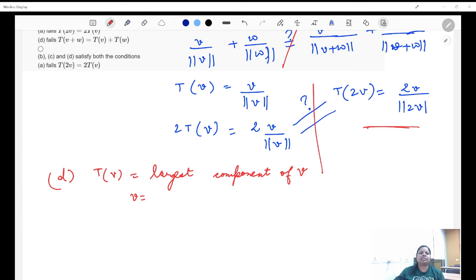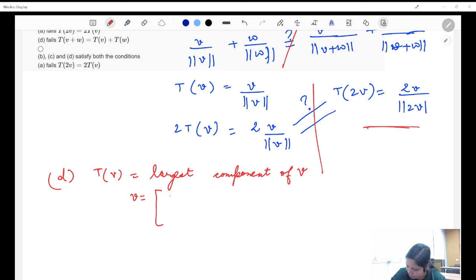It is not always necessary to do it in terms of variables. You can always check it with an example, and if one example violates it, then you know it is not going to be the general case. Because it is taking a component. See, a component can be i cap, j cap, k cap. So you can find any x component, any y component, and then you say you're going to add both of the greatest components, and it is going to be equal to the sum of them. It's not going to happen.